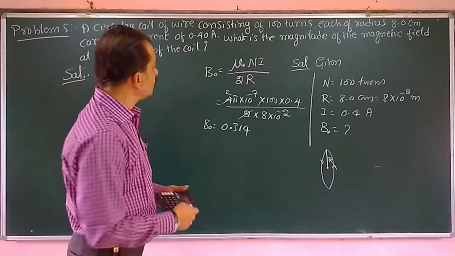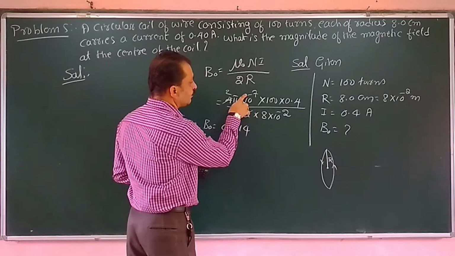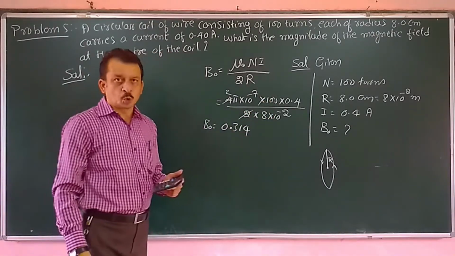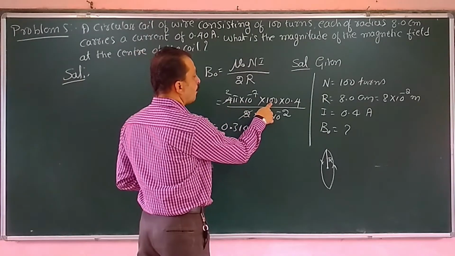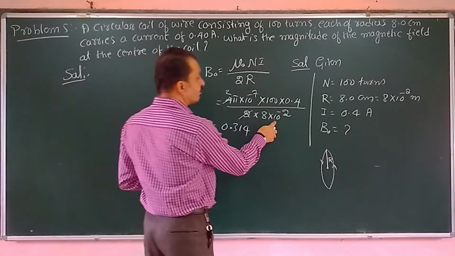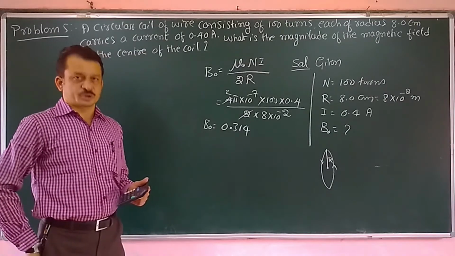0.314. Now let me simplify the powers. Here we have 10 raised to minus 7. Here 100 can be written as 10 to the power of 2. In the denominator, we have 10 raised to minus 2. If you take it to the numerator, it becomes plus 2.